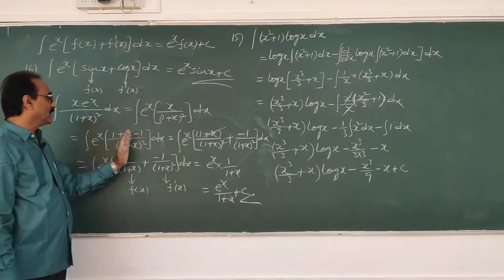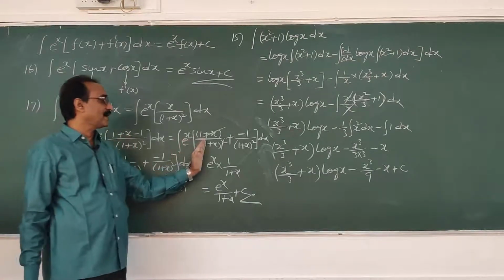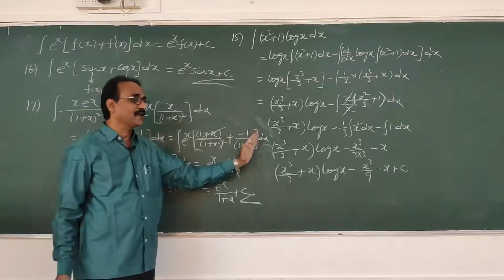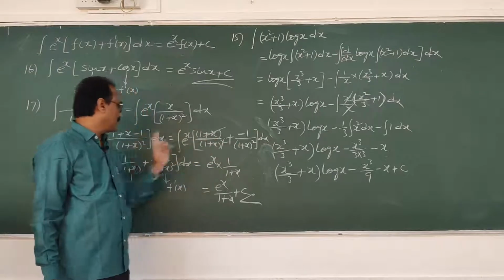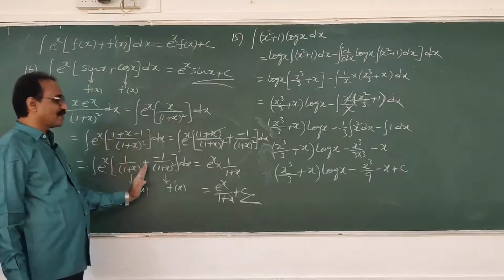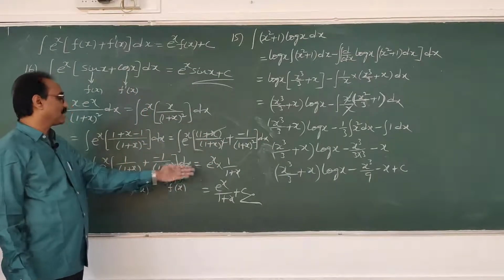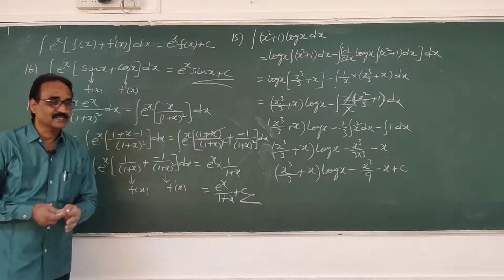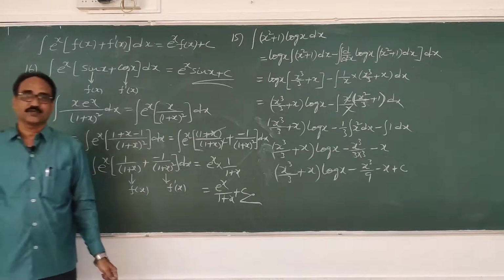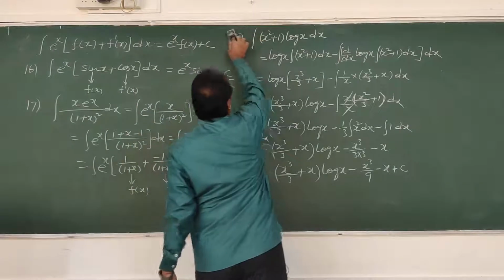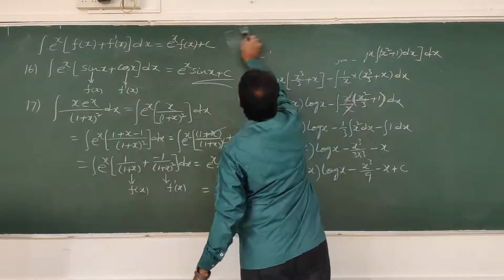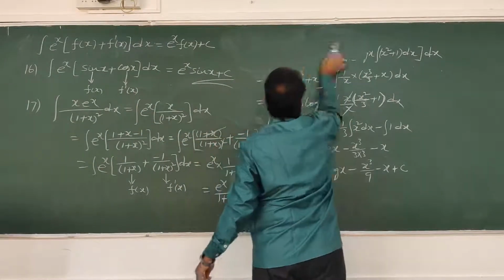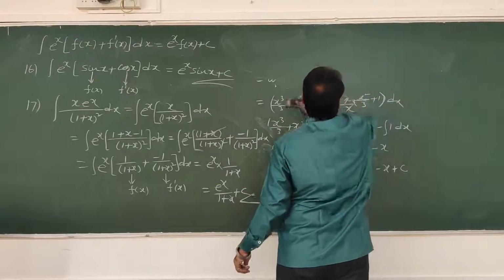Now I separated 1 plus x by 1 plus x square, and minus 1 by 1 plus x square. Because these two cancelled, the e power x into f of x plus f dash x form has come, then it is nothing but e power x into f of x plus c. So you understood? My dear students, it becomes very easy when you know the formula and you have to adjust. These problems they will ask you in entrance exams, CET or anywhere straight away.